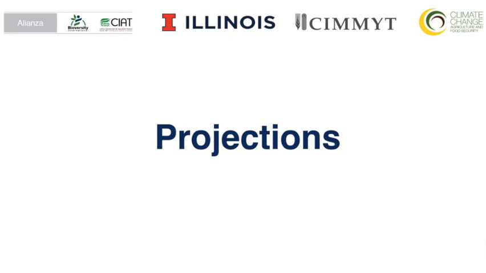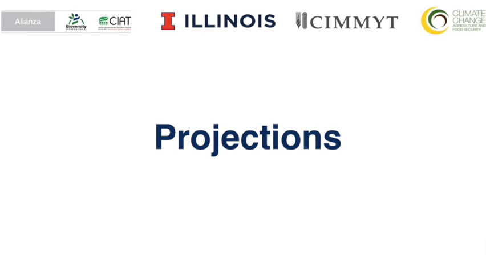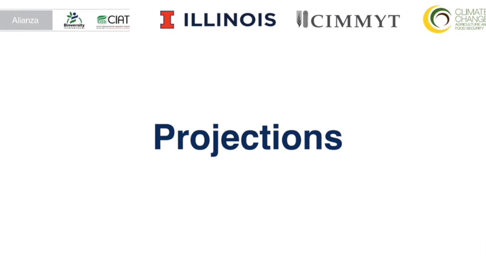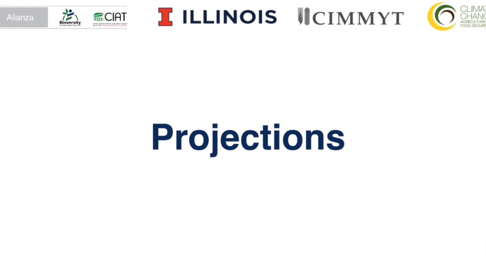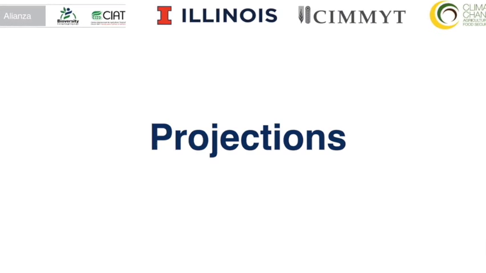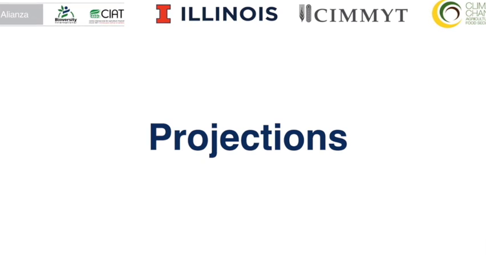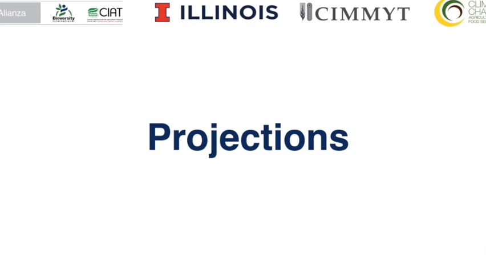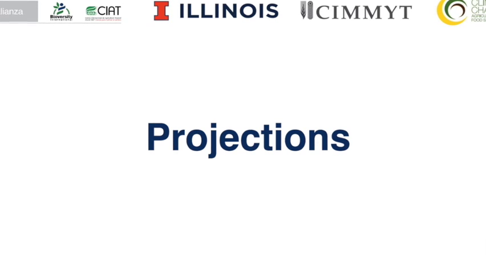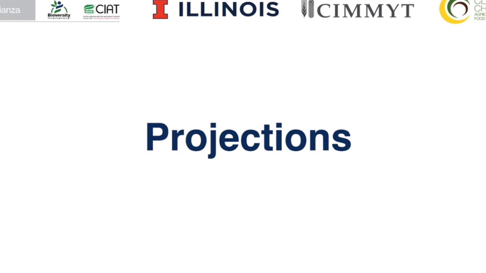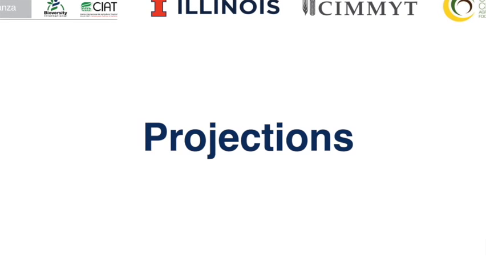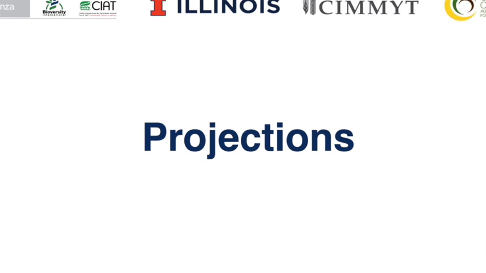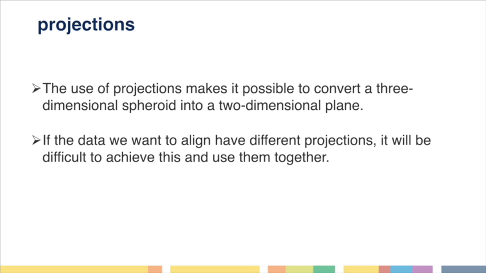So normally, this is a critical topic because data can have different projections depending on the source. So the source determines the different formats, the spatial formats, and if data is different and you want to combine them and they have different projections, the alignment is not going to work properly.